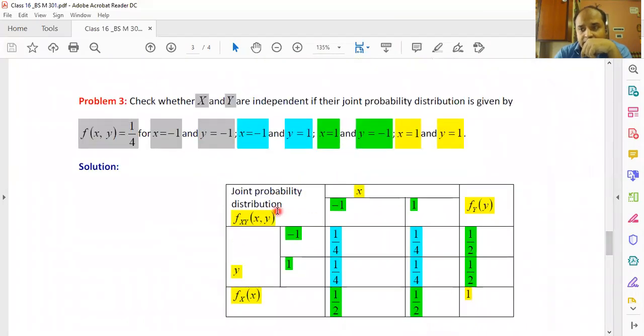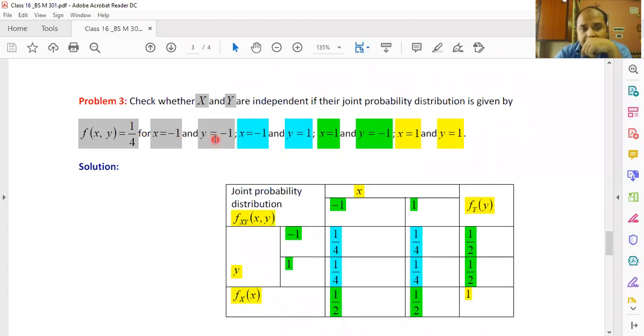The entire thing will be clarified with the help of this beautiful problem, which has been selected from the exercise of John Freund. I'm supposed to find whether the variables capital X and capital Y are independent or not, and their joint probability distribution is given in this particular manner. These colored figures are representing the pairs of variables.